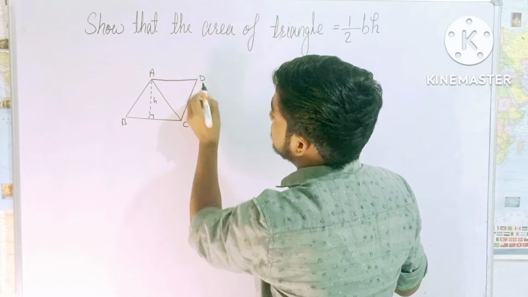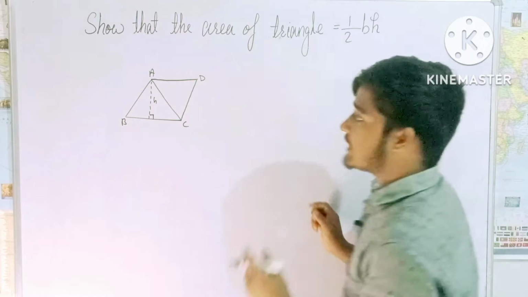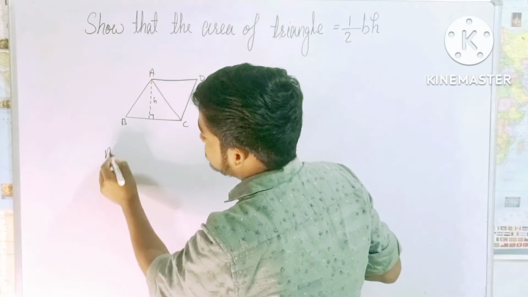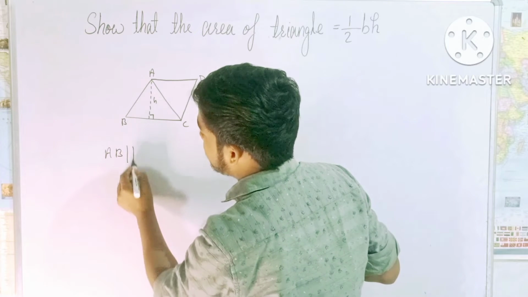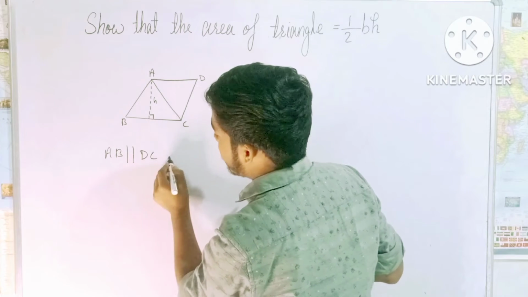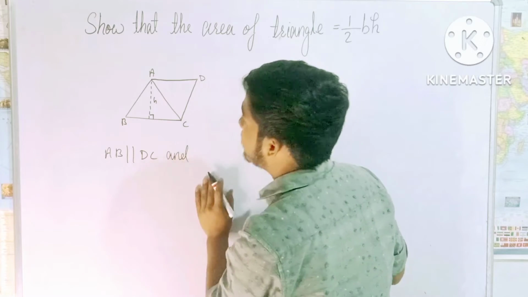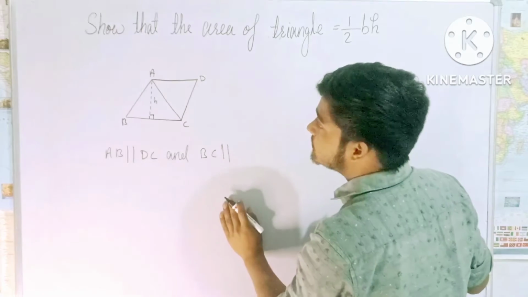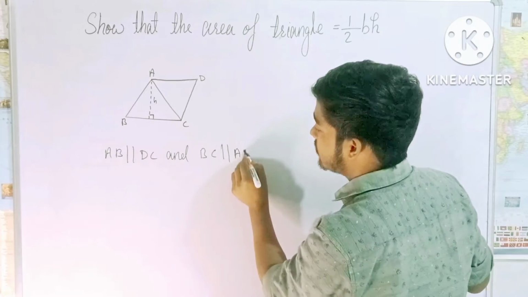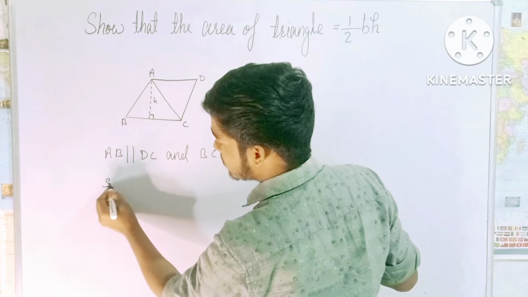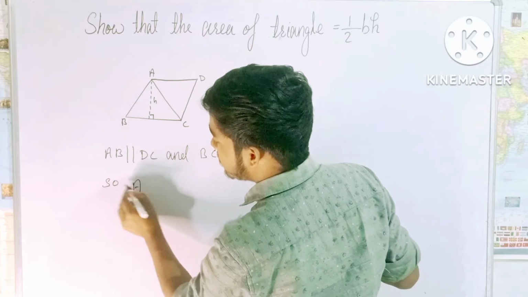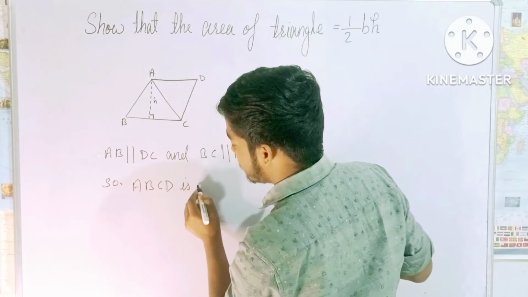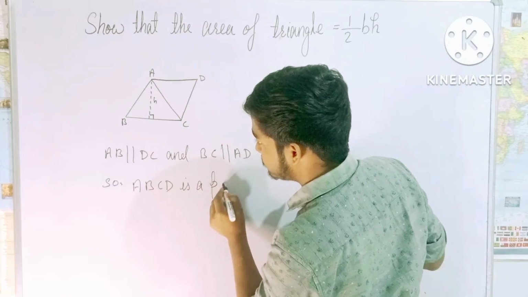Assume this point is D. So we can see that in this quadrilateral, AB is parallel to DC and BC is parallel to AD. So ABCD is a parallelogram.